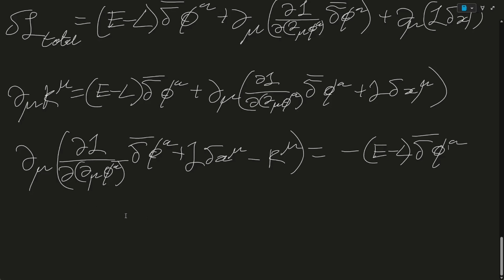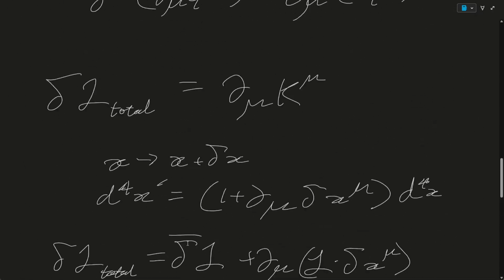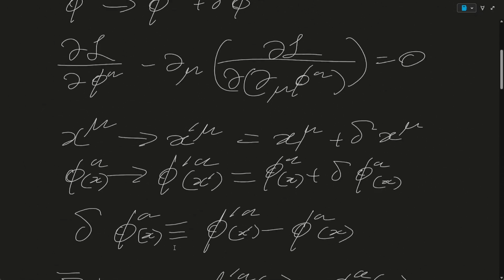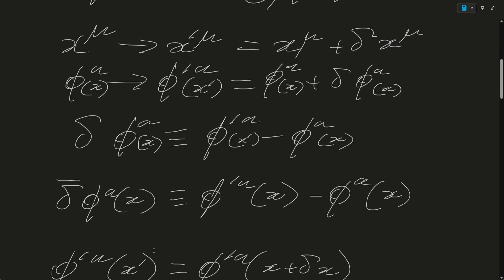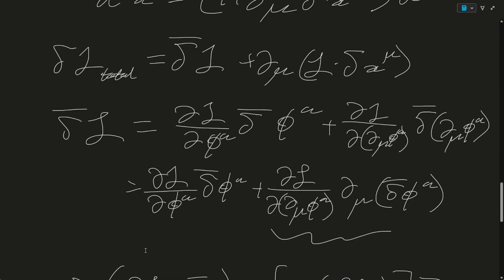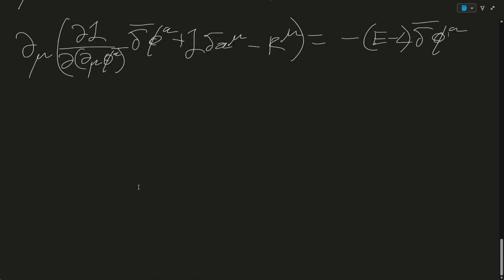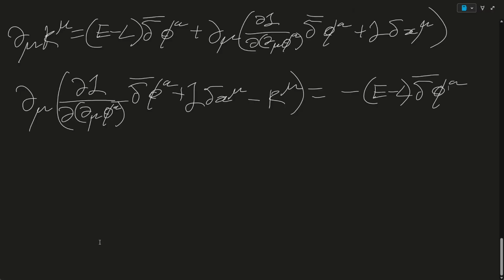Now, you may remember earlier when I made a strange remark about on shell, and you may be thinking, well, that's a bit of a useless bit of trivia, it's not going to ever come up. Well, it is, because if we enforce that our equations of motion are all satisfied, this is the condition of the system being on shell, then this is going to be zero, isn't it?